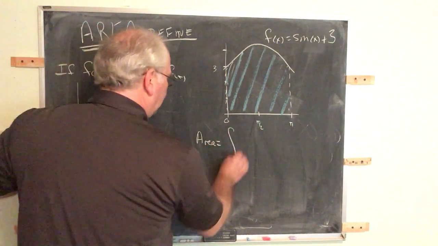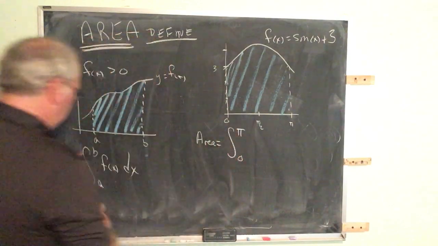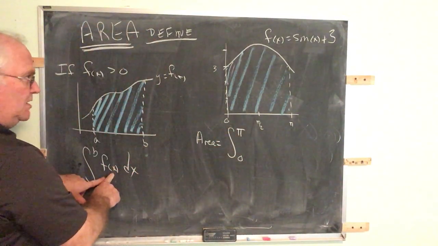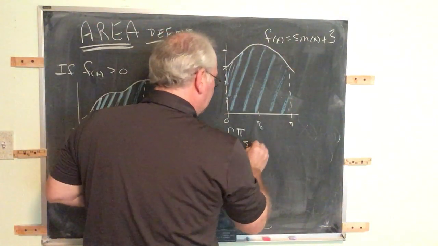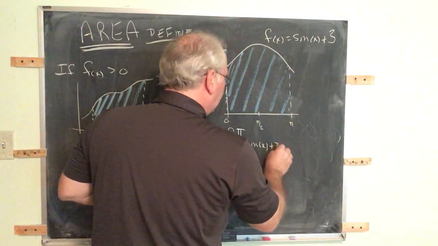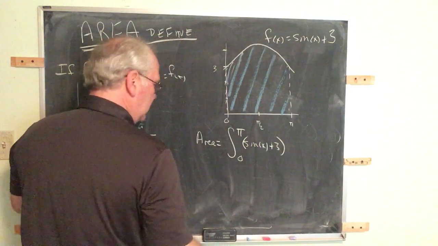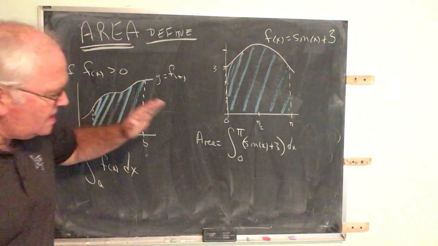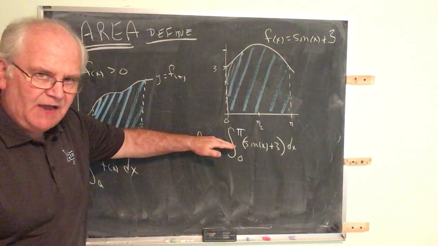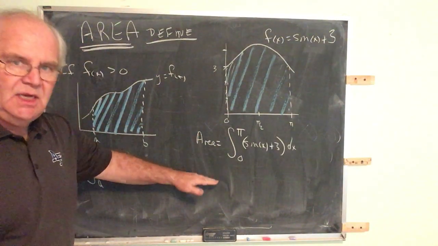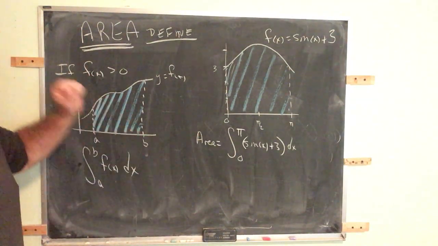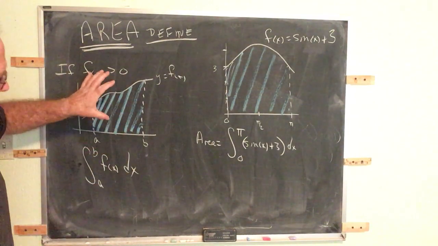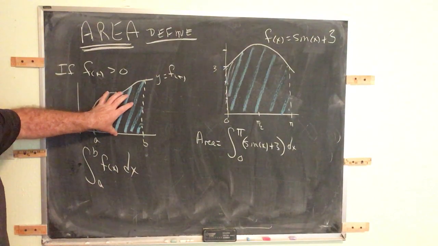So the area is the integral from a to b, 0 to pi, of our function, sine of x plus 3, dx, and whatever that works out to be. That's one of the key reasons why when you compute a definite integral, your answer needs to be a number. It turns out one of the interpretations for what you're finding is surface area.